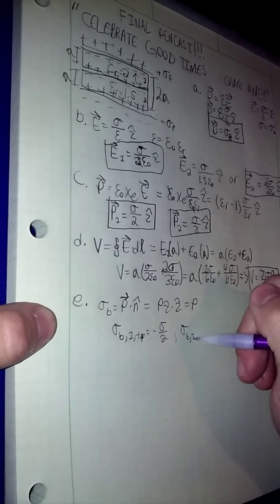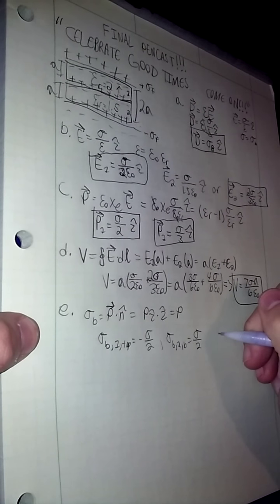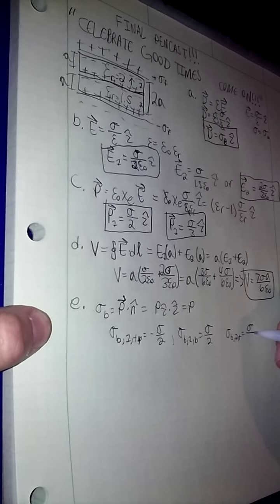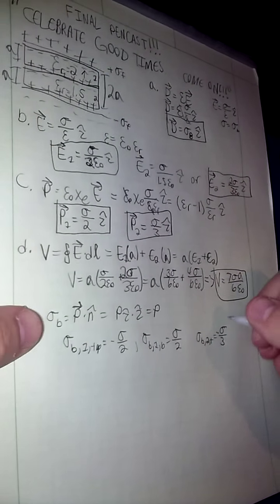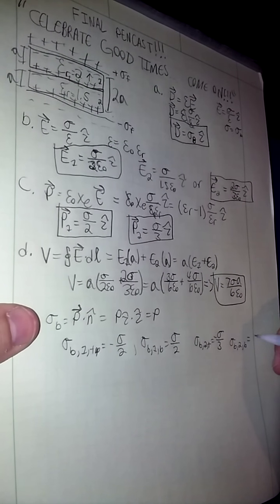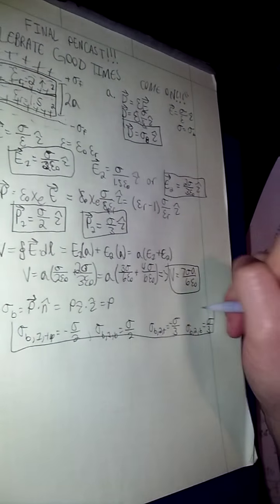Sigma bound 1 on the bottom equals positive sigma over 2. Sigma bound 2 on the top equals negative sigma over 3, because that's also negatives. And sigma bound 2 on the bottom equals sigma over 3. These are the sigma bounds.